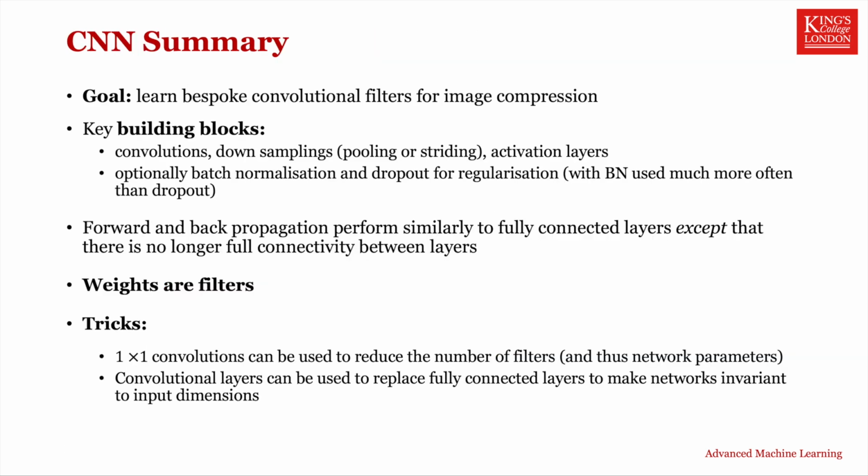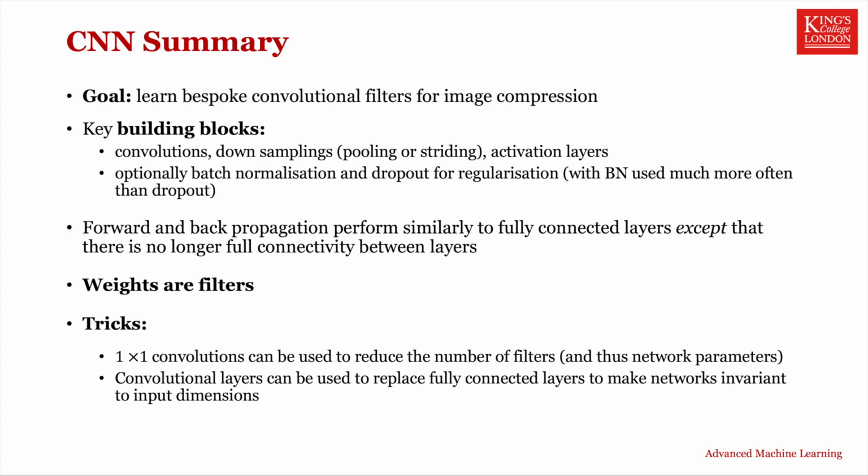So in summary, the goal of CNNs is to learn bespoke convolutional filters for effective image compression and representation learning. The building blocks of convolutional networks are convolutional layers, downsampling operations, either pooling or striding, and activations. Secondarily, you have the option of also including batch normalisation and dropout layers to regularise and improve training and/or generalisation, where batch norm is used much more often nowadays than dropout.